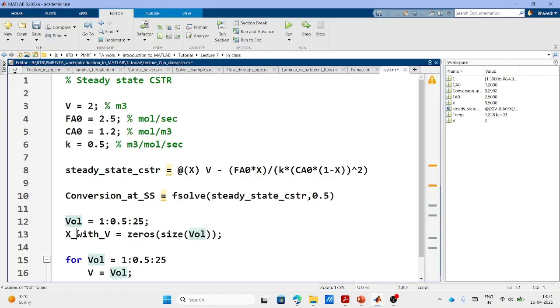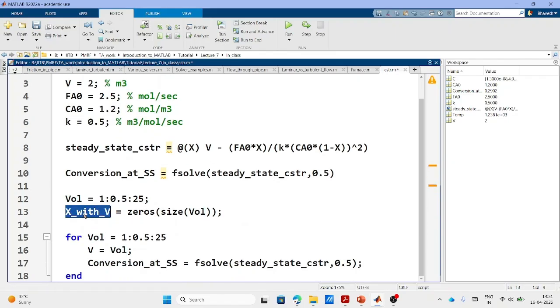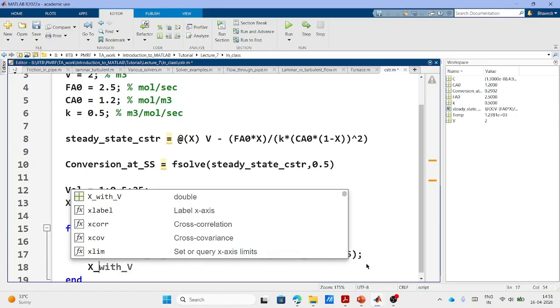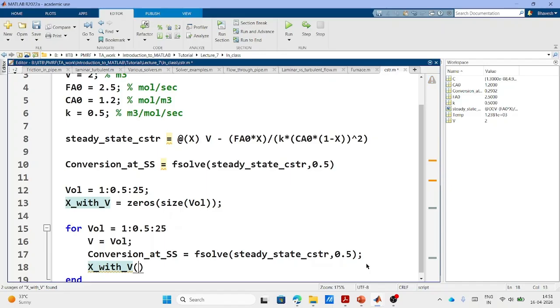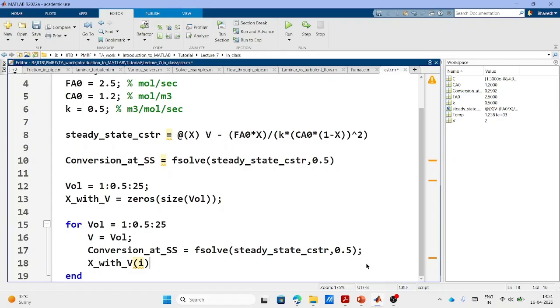For each volume, I'm first creating the conversion as 0. Then in this for loop, once I'm computing it, I will update that value as the conversion at steady state.